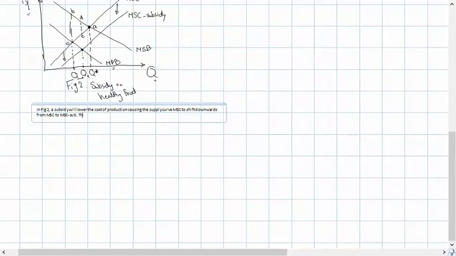Okay, this causes the amount consumed and produced in the market to increase from Q to Q1.